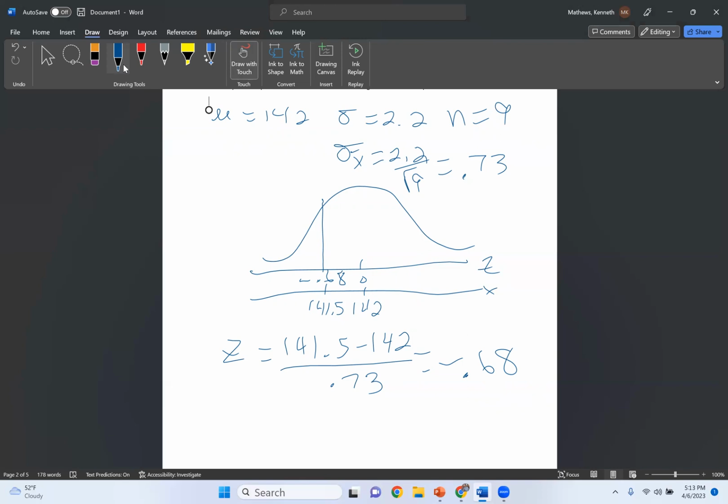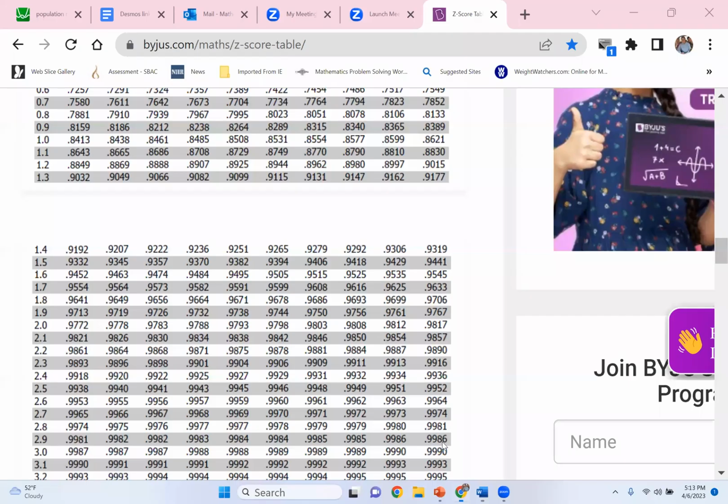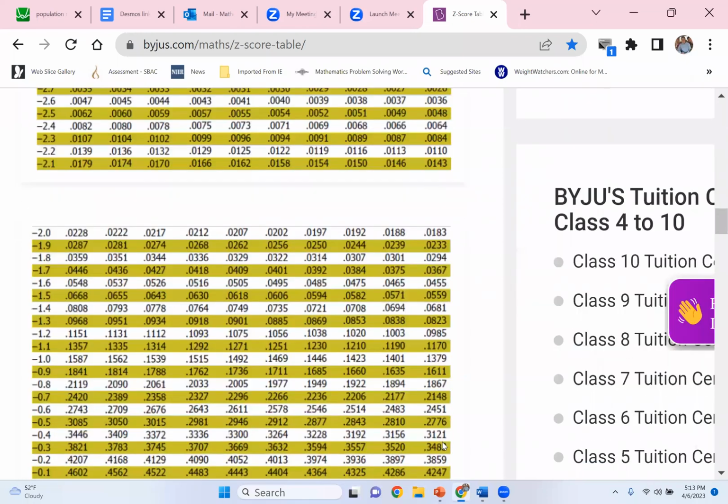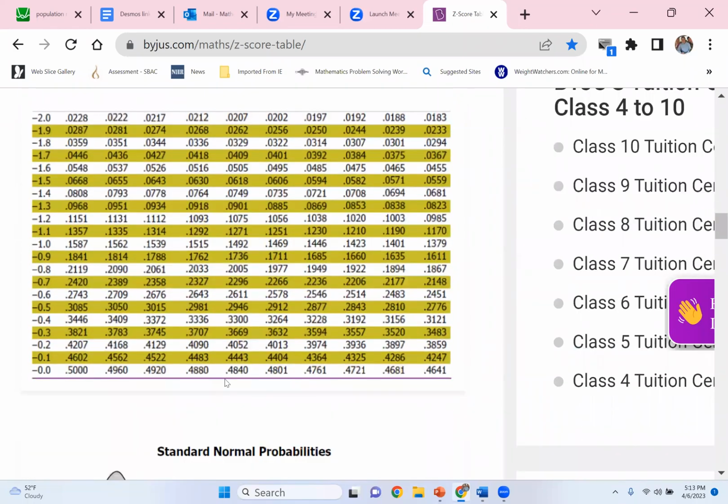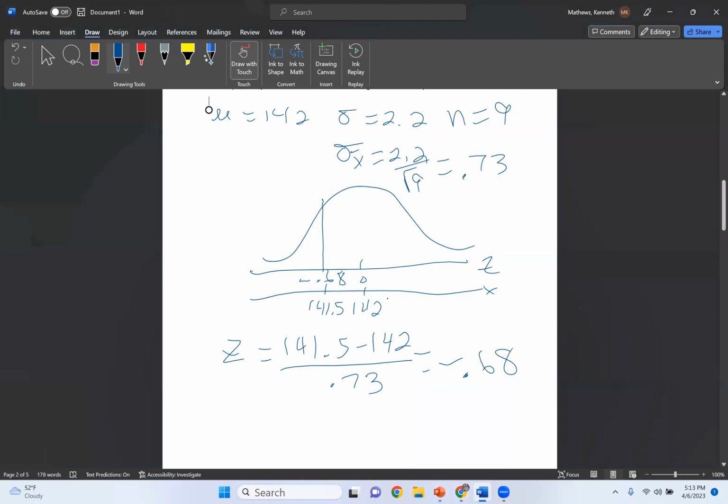0.68. All right, let's get that area to the left by going to our z table and finding negative 0.68. So here's negative 0.69, 0.68, 0.2483. So that's in here, 0.2483.